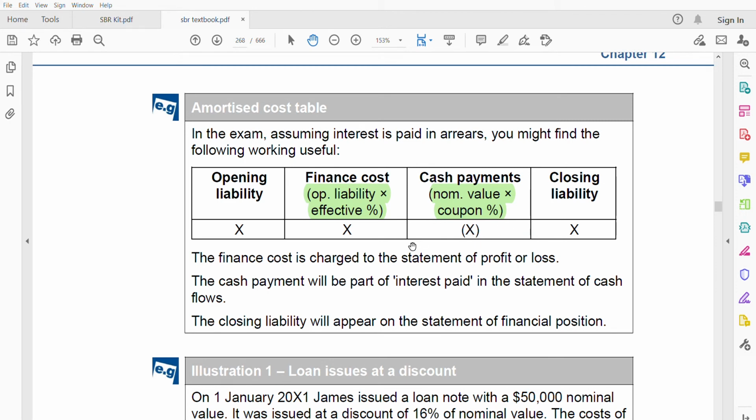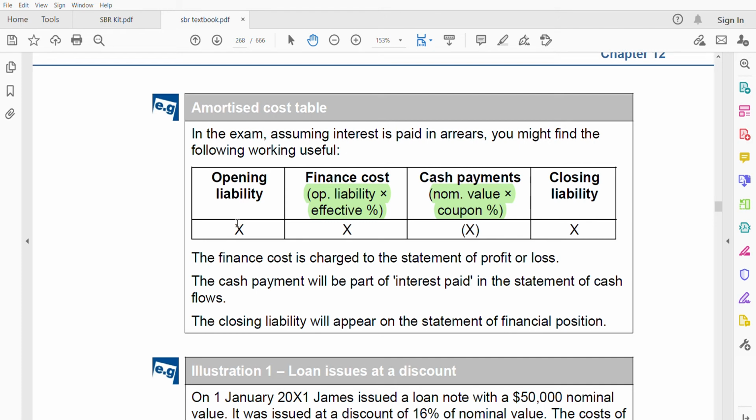Then you get the closing balance. This is simple because this is only for 1 year. Imagine if this was for 3 years or 4 years, then you have to keep on repeating this. There'll be 4 columns like this with 4 rows. If this was for 2 years, let's say this is 2000, and you are asked to do 2001, how do you do it?